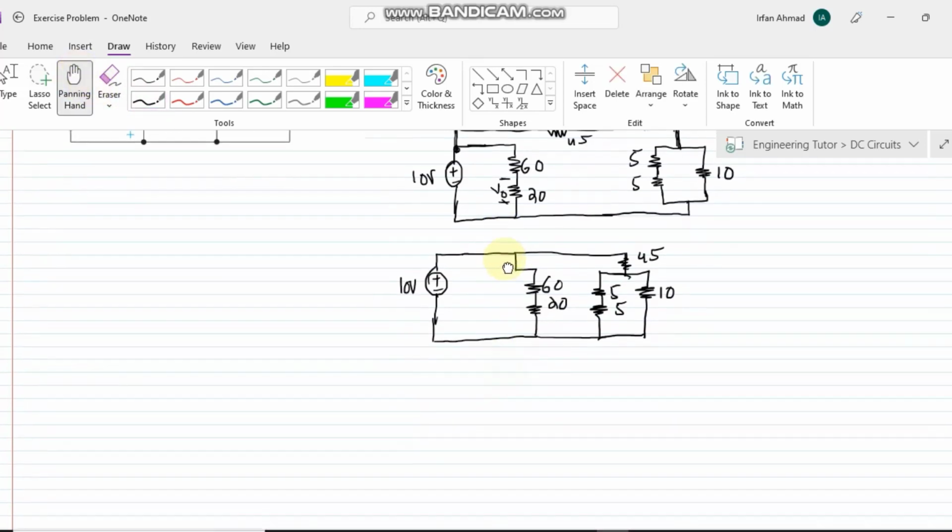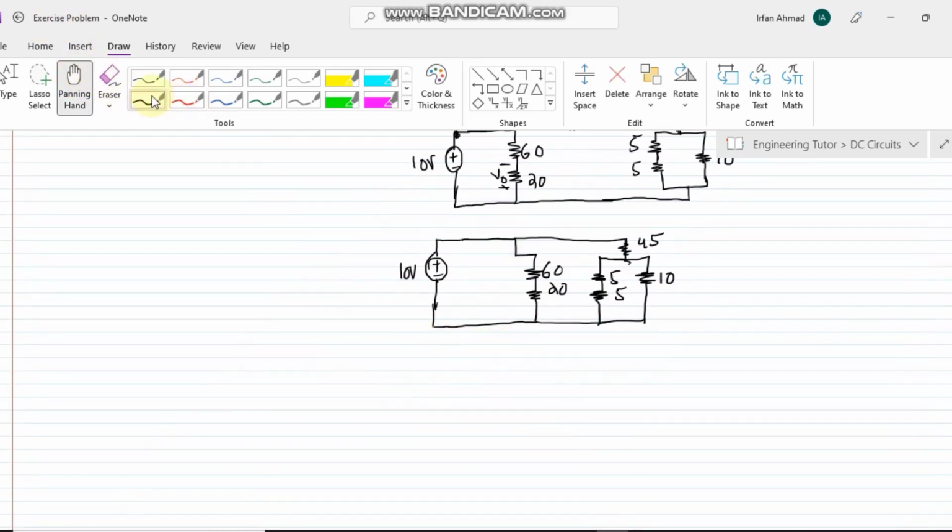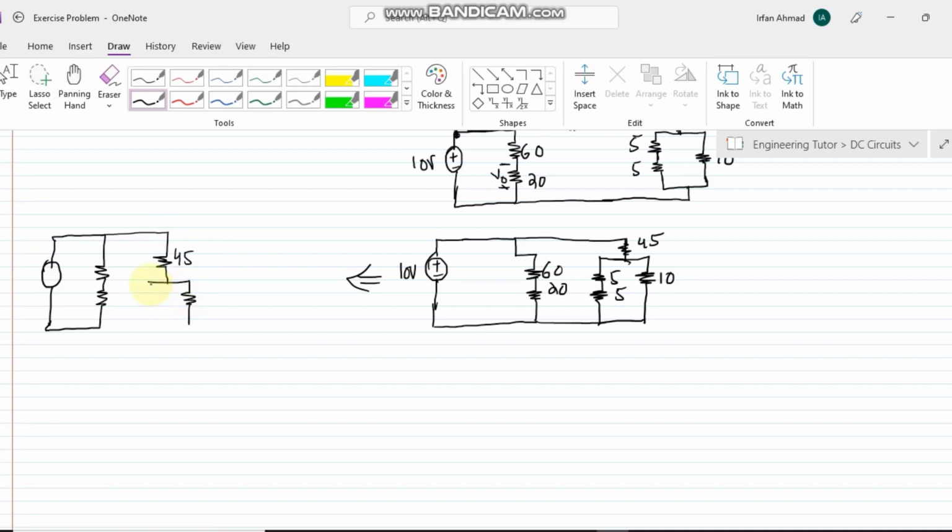And now simplifying it again, and this time I will have the simplified version, and this simplified version will be composed of this voltage source, this resistor here, this 45 ohm resistor with this 10 ohm, and 5 plus 5 is 10 again, so that is now 10, and that is the 45, and the current here is I naught, and here the voltage is, this is 20, this is 60.